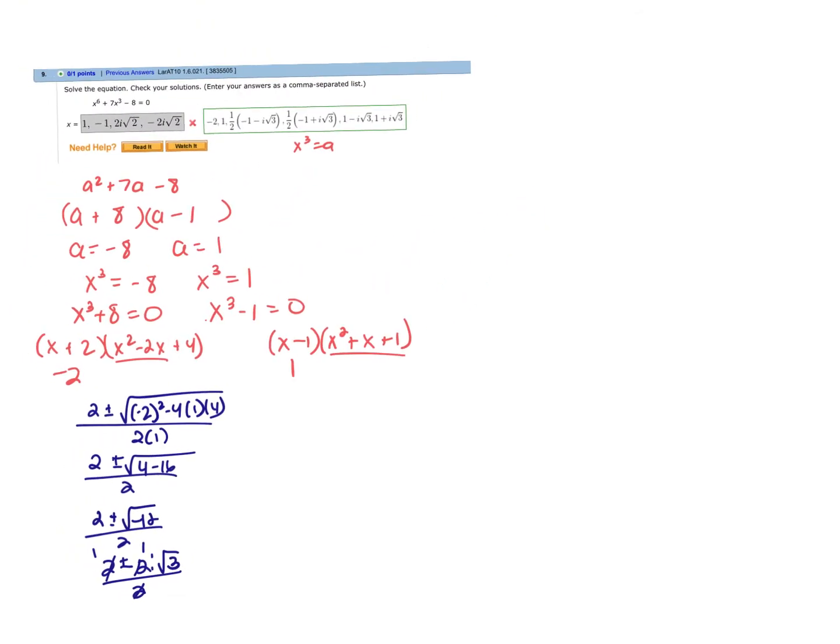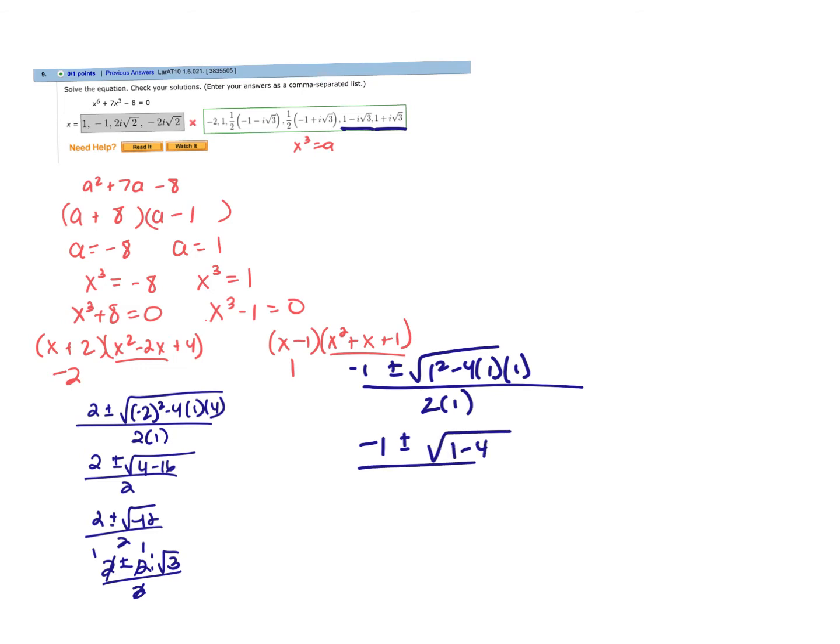So that's this and this. And then here, -b plus and minus square root of b squared minus 4ac all over 2 times a. -1 plus and minus i root 3 over 2. And that's these two. They took out the 1/2, but you could leave it in as well.